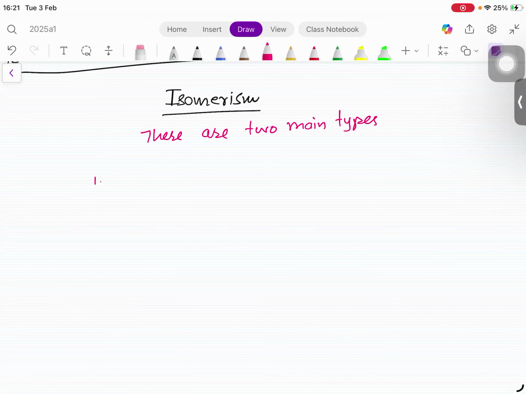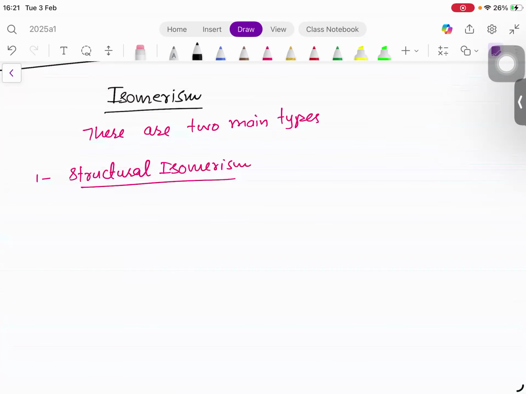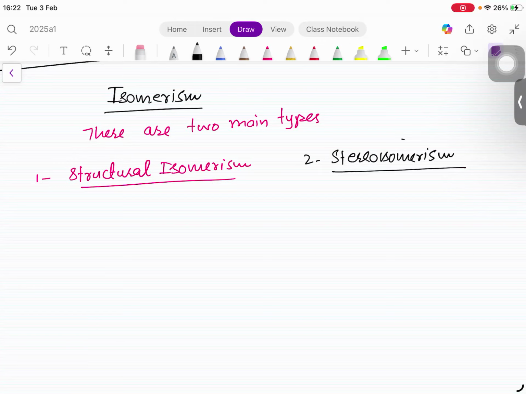Number 1 is structural isomerism. And number 2 is stereoisomerism. Number 1, please give the heading structural isomerism.